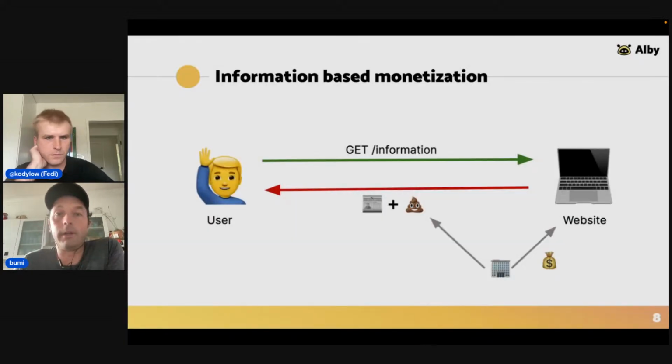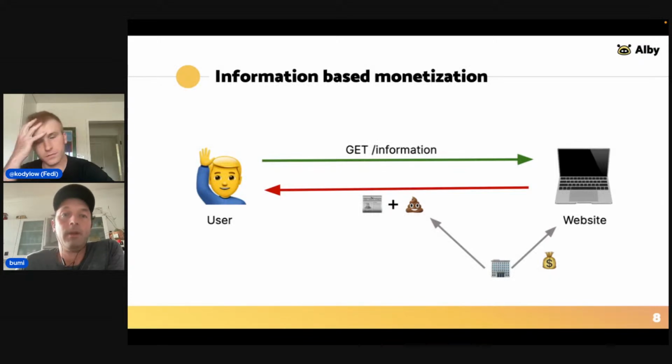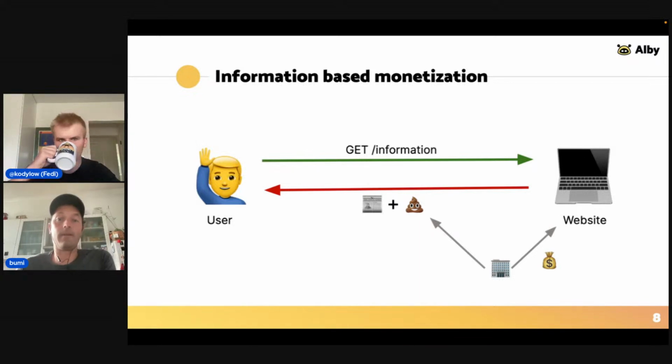And so all the monetization models were basically built on information, which means a user wanted to get some information from a website. The website provided that information and always injected a little bit of ads in it, a little bit more information, a little bit more data, in the form of banners, tracking pixels, and so on.